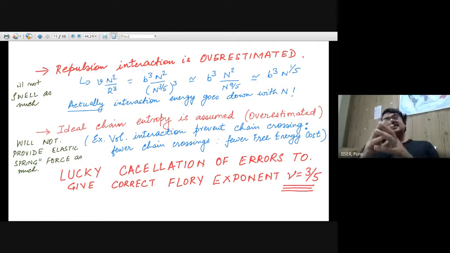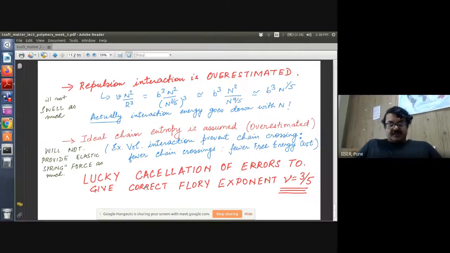The physics is nearly right in terms of the contributions; the calculation details, yes, are overestimated, and hence Flory theory is a very good starting point to understand that a real polymer chain with excluded volume interaction actually swells and has a size which goes as n to the power 3/5. Okay, so this is where we will stop this part of the class.